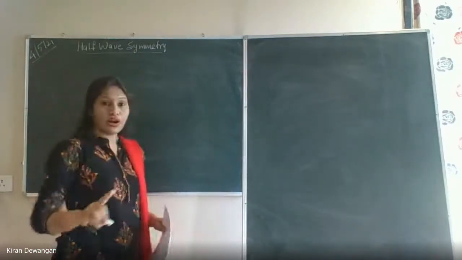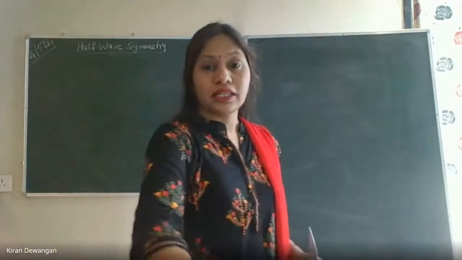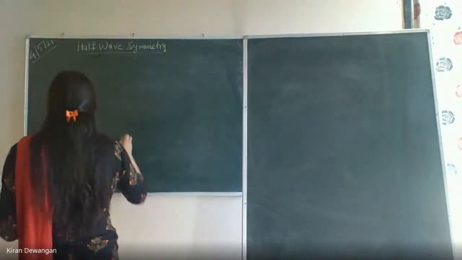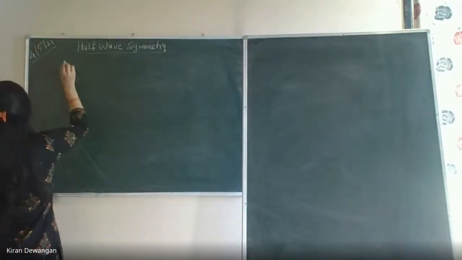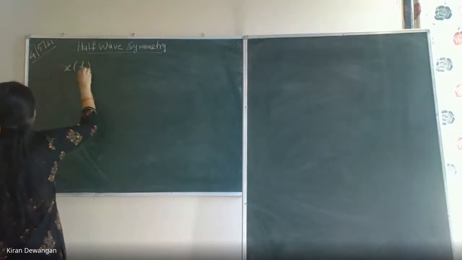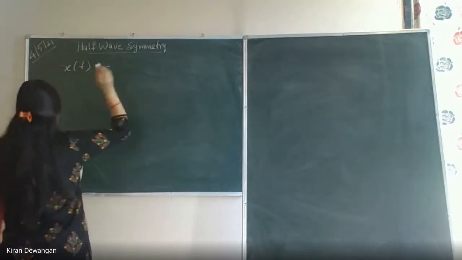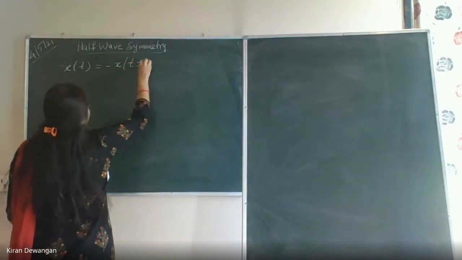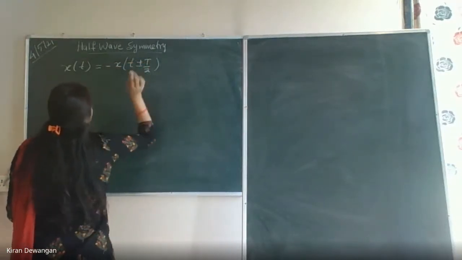Now a periodic signal, definitely we are talking about a periodic signal, right? A periodic signal which satisfies x of t equals minus x of t plus or minus T by 2.